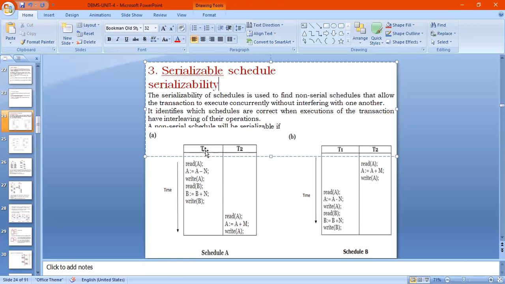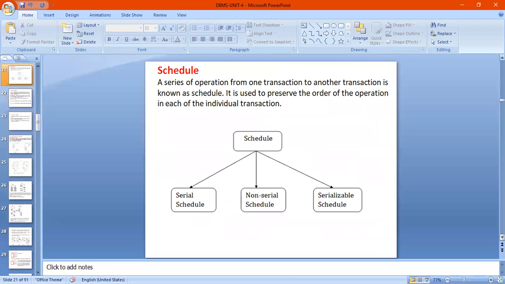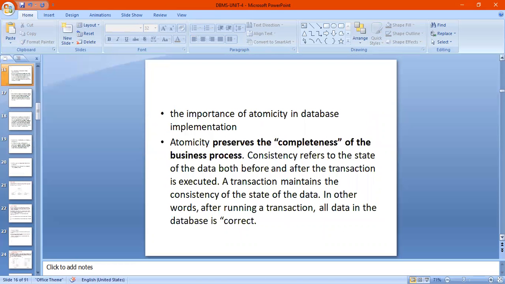Suppose T1: read A, A = A - N, write A, read B, B = B + N, write B. The transaction T2: read A, A = A + M, write A. This is schedule A and this is schedule B, as we have discussed in the previous diagrams.